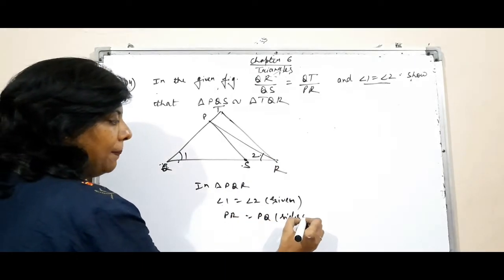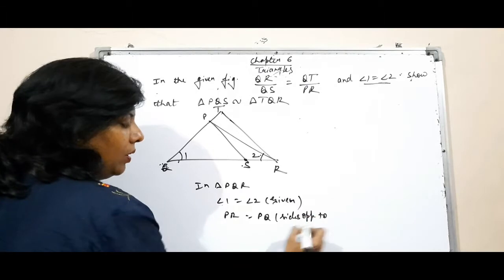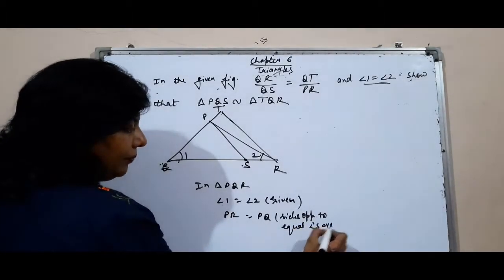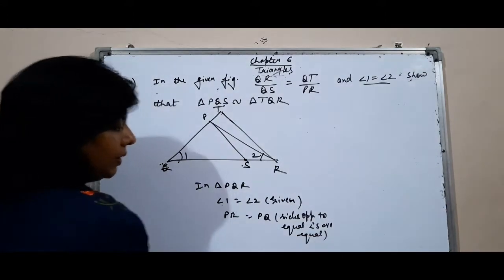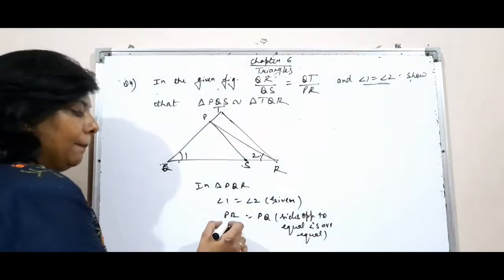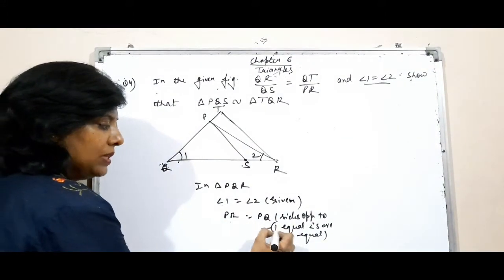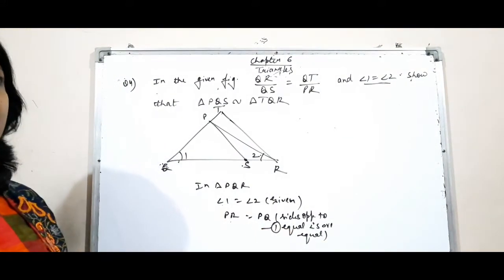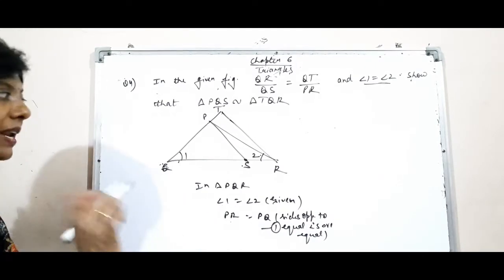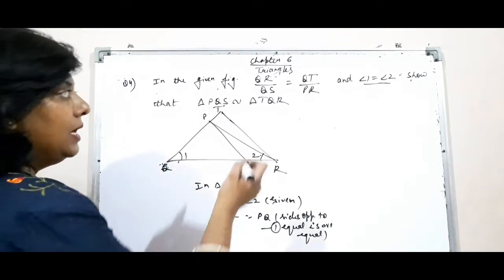Sides opposite to equal angles are equal. Therefore, PR equals PQ. Suppose it is your equation 1. PR equals PQ. That is your equation 1. Now what we have to do in this question?